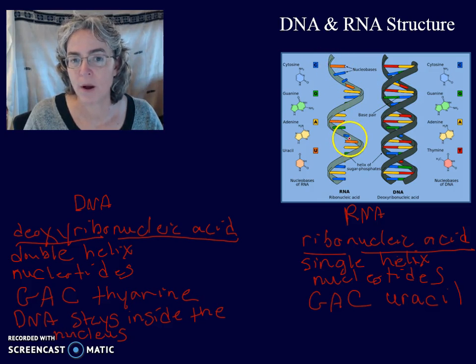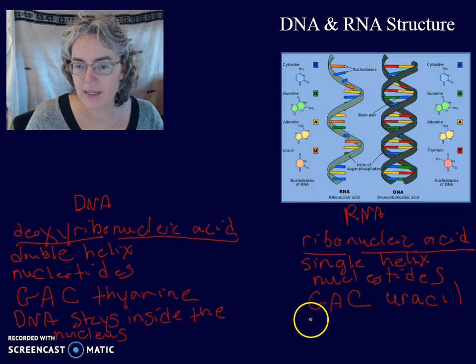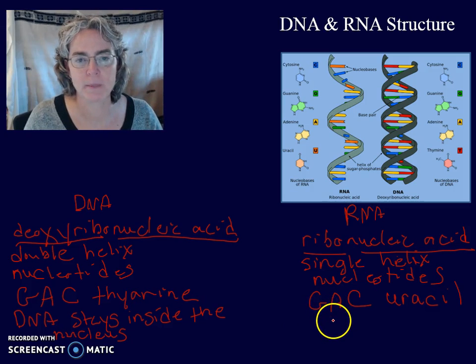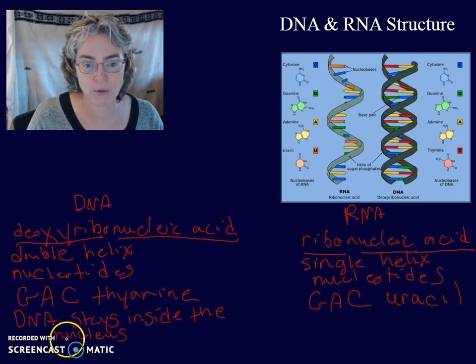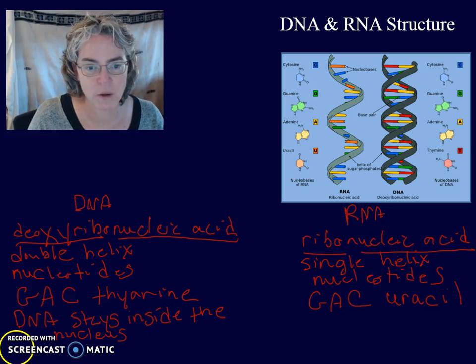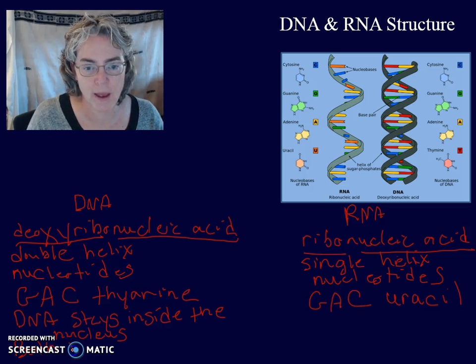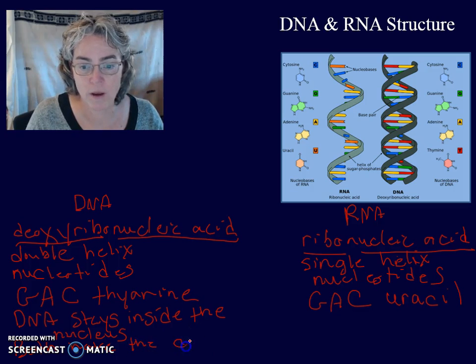Whereas our RNA molecule, let me step back one. They both hold the code for making proteins.